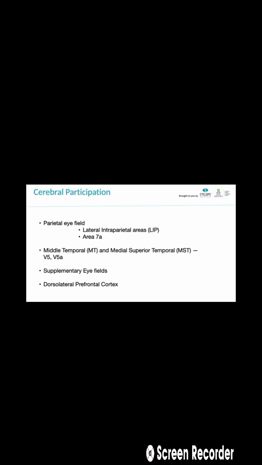Visual fixation is an active process, not merely the absence of visible eye movements. We need to note down this point. Visual fixation is an ongoing active process. It's not merely the absence of visible eye movements.